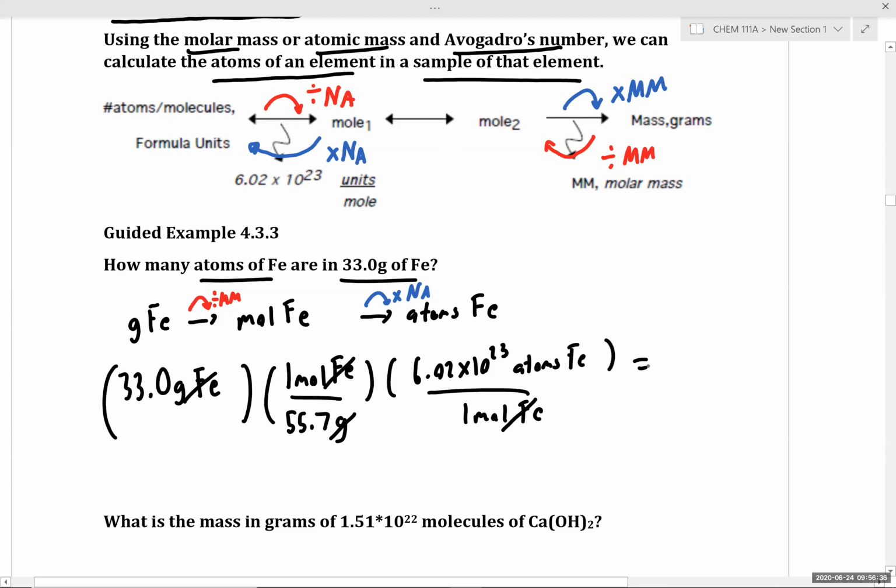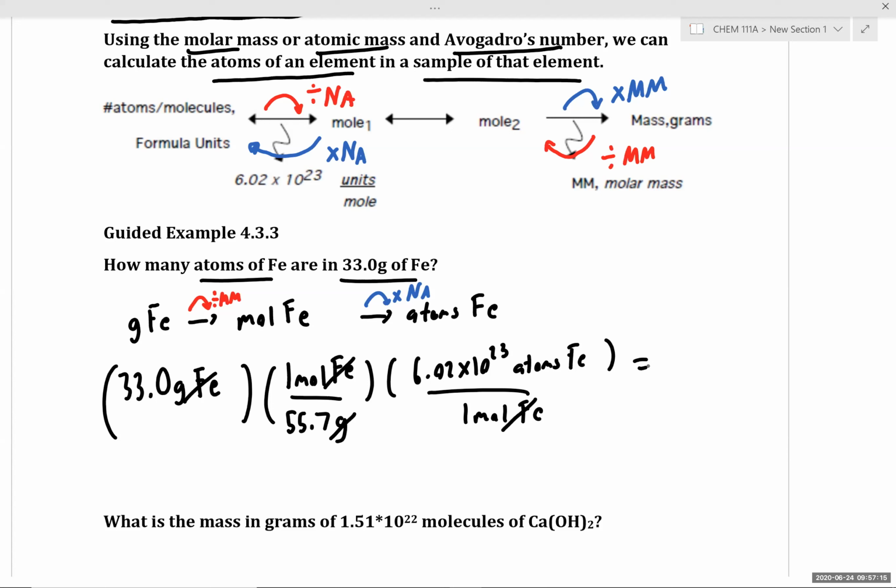Let's now punch this into our calculator and see what we get. So we're going to take 33.0 divided by 55.7 times 6.02 times 10 to the 23rd.